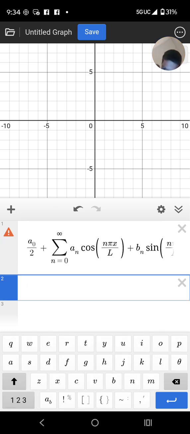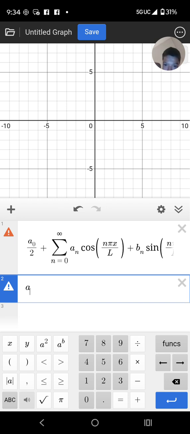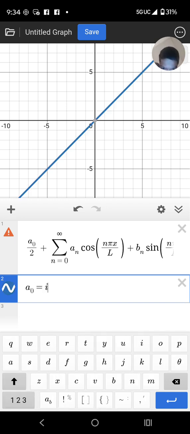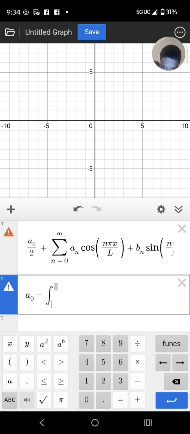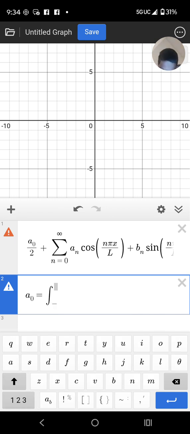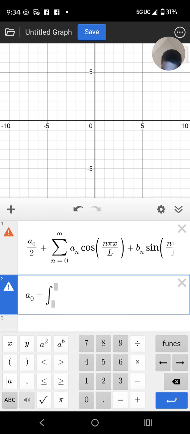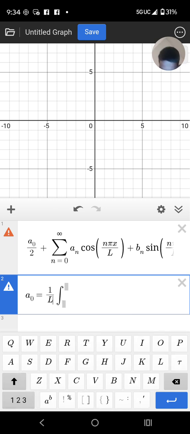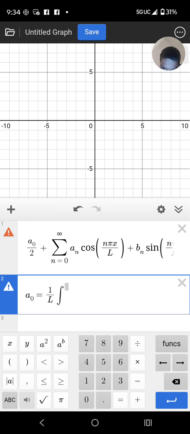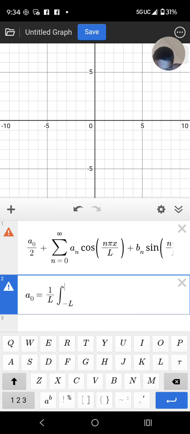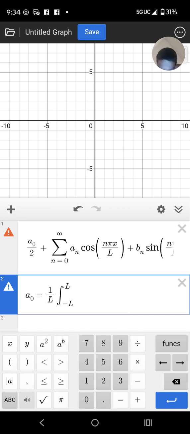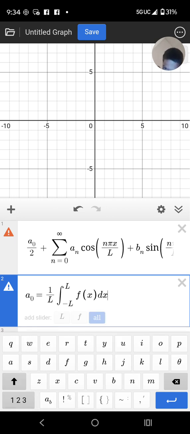Let me give you the equation for a sub 0. A sub 0 equals 1 over L, the integral from negative L to L, of f of x dx.